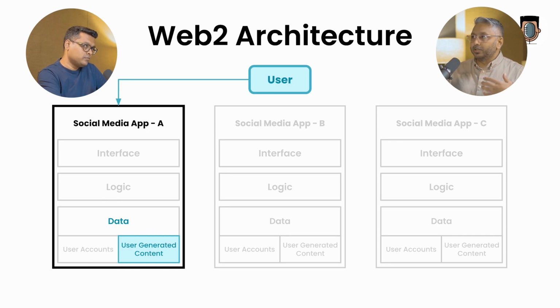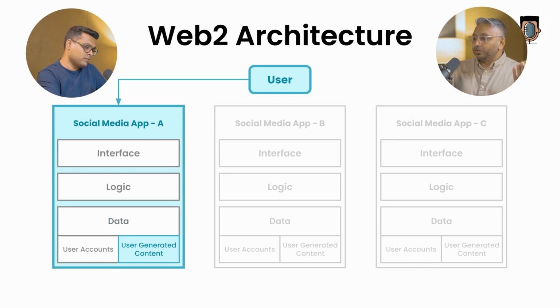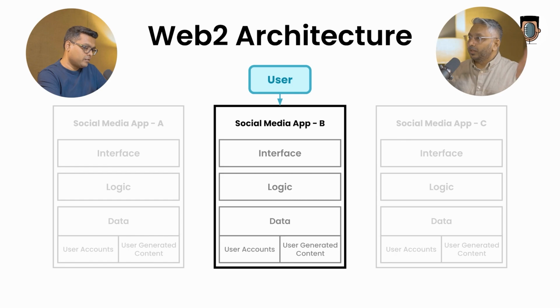This is easy enough to understand. So I go to Facebook, or God, I'm dating myself by mentioning Facebook. But let's say I go to Insta. I sign up for an account, and then I can start posting messages and things like that. But what's the downside? All my information, all my photos which I posted here, only exist here. So let's say I go to social media application B, a second application.